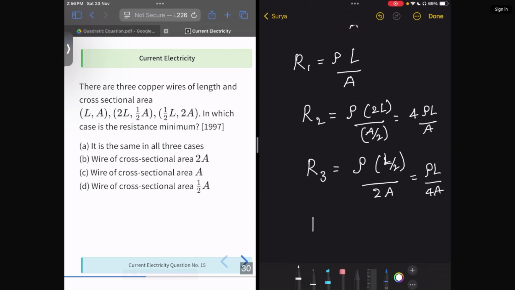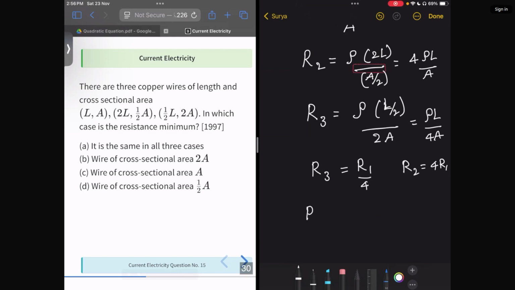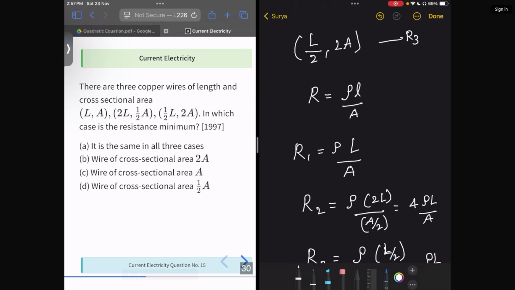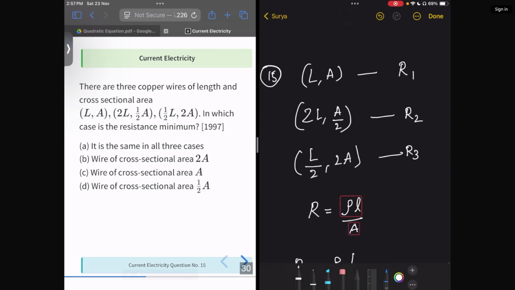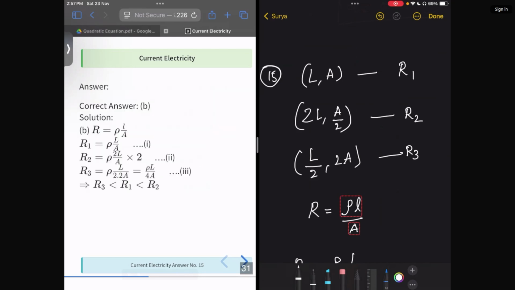So R3 is R1 by 4, and R2 is 4R1. So R2 is the maximum one, R3 is the minimum one. So R3 is less than R1 is less than R2. R3, which has cross-sectional area 2A, is the minimum. So option B is the right answer.